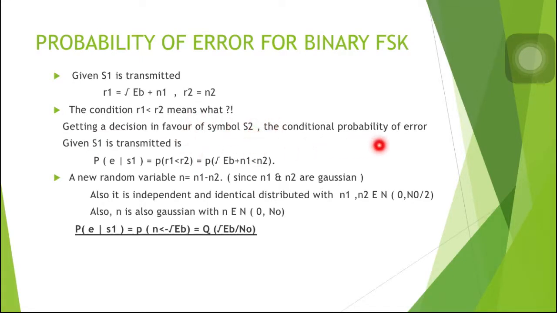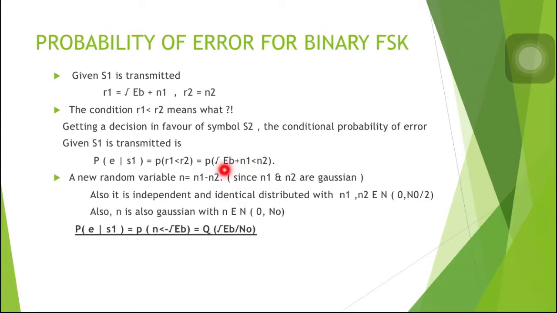The conditional probability of error given S1 is transmitted is P(e|S1), where e means the error. That is P(R1 < R2), which equals P(root Eb + N1 < N2).